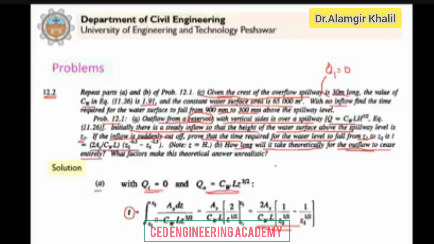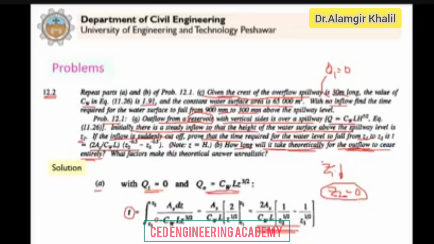Part B of the question: how long will it take for outflow to stop? We have Z1 and then the water level is dropping to Z2. This is what this formula says, coming from Z1 to Z2. When Z2 is 0, the discharge will be 0.